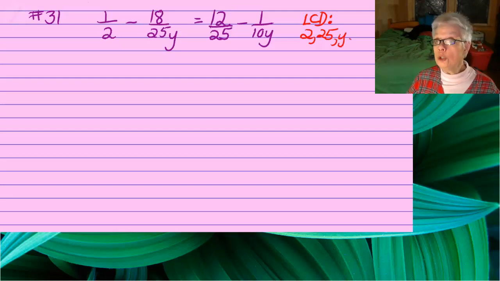We have 2, 25, y, and 10. And the 25 breaks down into 5 times 5, and the 10 breaks down into 2 times 5. And what we need is a number that will cancel out the 2, 2 5s, and a y.